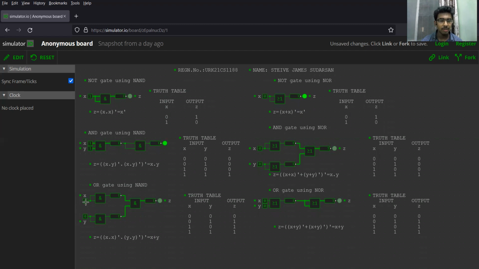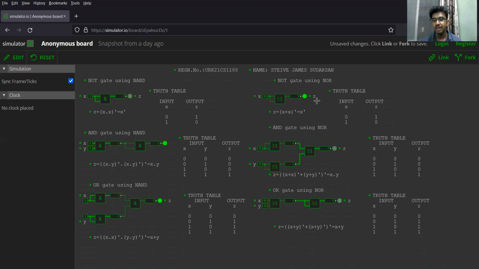If x is 1 and y is 0, that is 0 plus 1 equals 1, and we get the high output. If both values are 1, it again gives the output as 1. Hence it is verified.